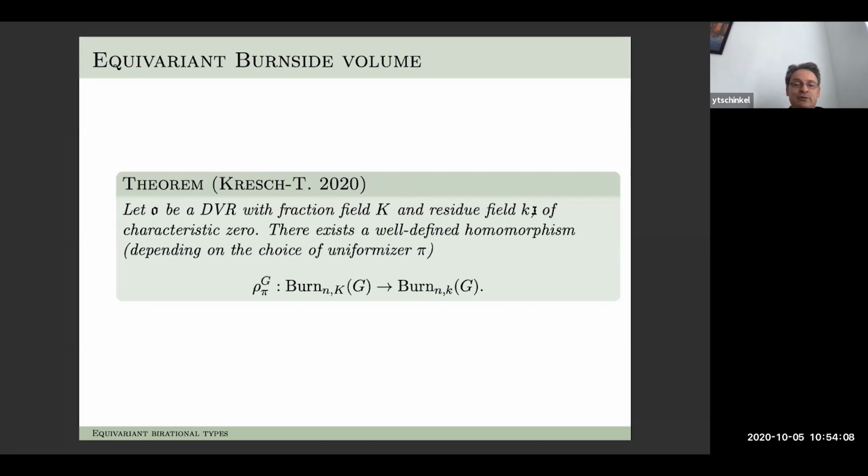So in our paper, we assume that K contains all necessary roots of unity. Here in this talk, you may think of K as algebraically closed. Fixing a uniformizer, we get a well-defined homomorphism from the Burnside group for the field of fractions to the Burnside group of the residue field.